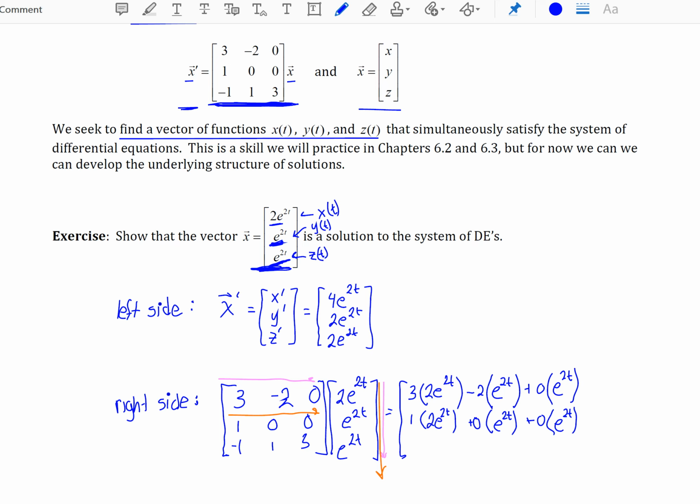And similarly, our third entry would be the third row of the matrix A times this column. So it would be negative 1 times 2e to the 2t plus 1 times e to the 2t plus 3 times e to the 2t.